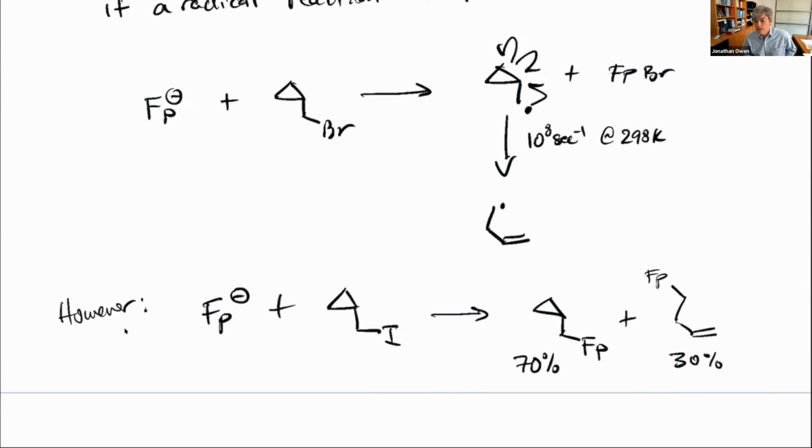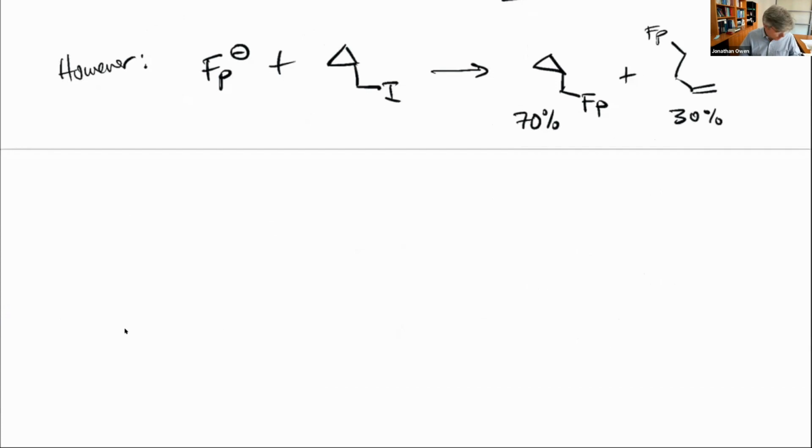So in the case of the iodine substrate, there's a little bit of electron transfer chemistry going on, perhaps. So it's possible that there are competing pathways here, okay? And that makes all this stuff tricky.